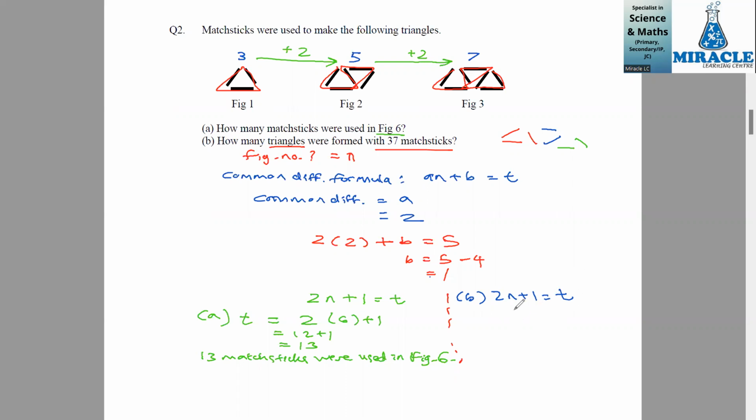So if we want to find n, let's rephrase this equation into 2n equals t minus 1. So n equals t minus 1 divided by 2.